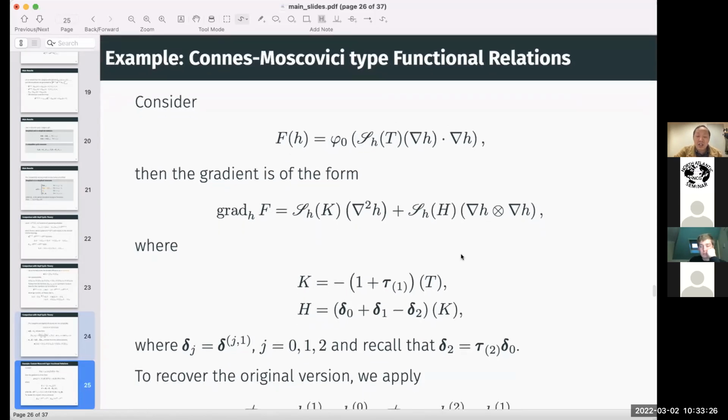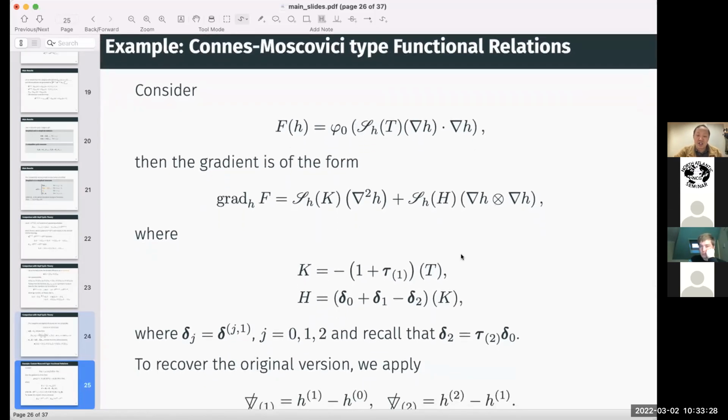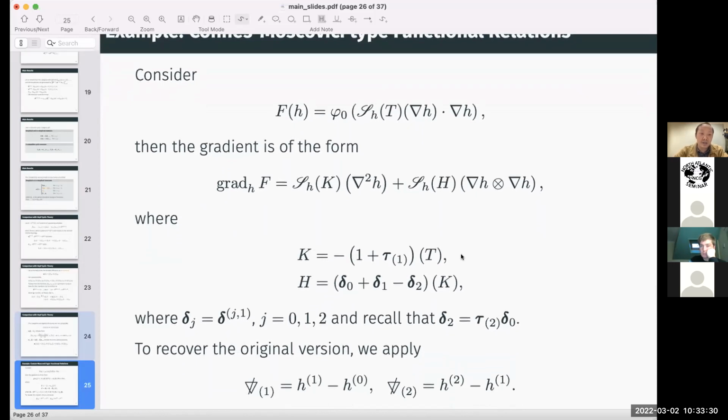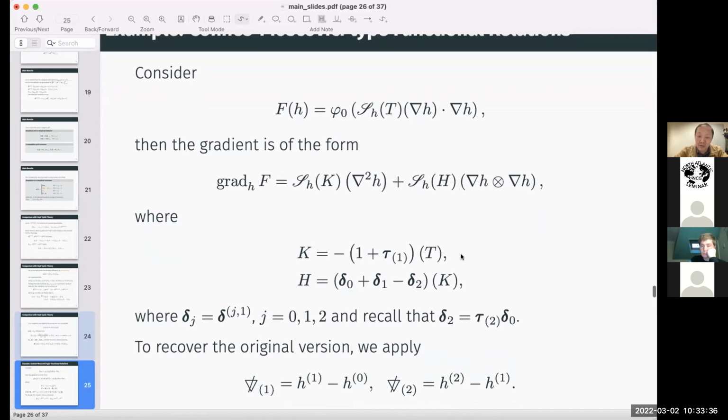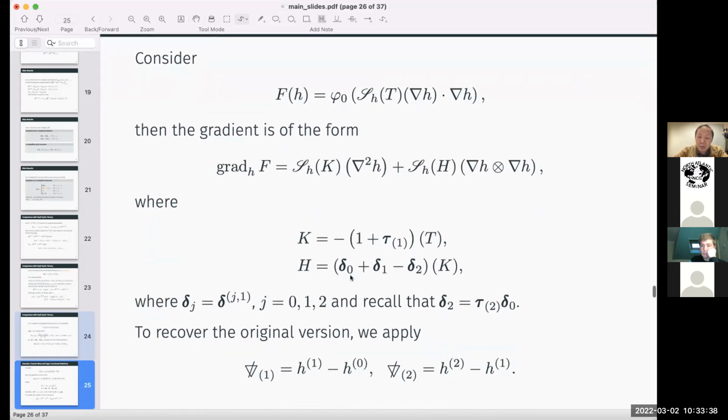Here is the improved version of the functional relation of Connes' curvature that I showed before. The main part is that the three-term relation can be written using the transformations we introduced before. This is a new way to rewrite this relation.